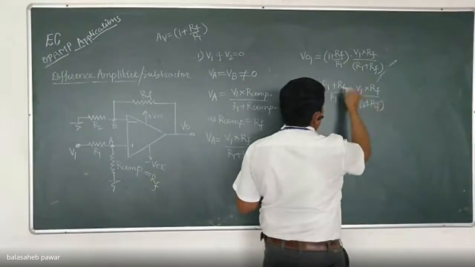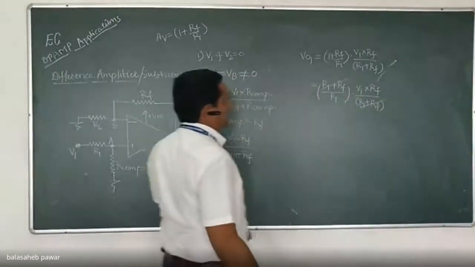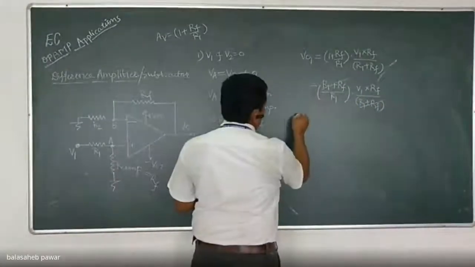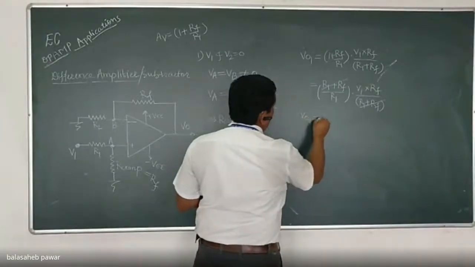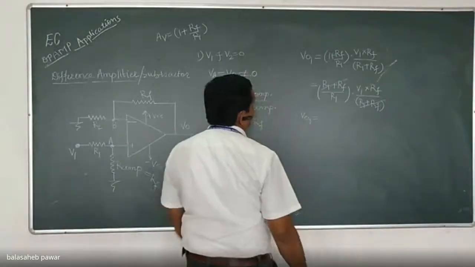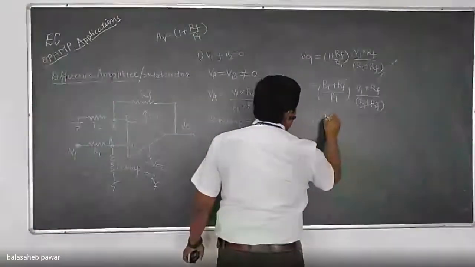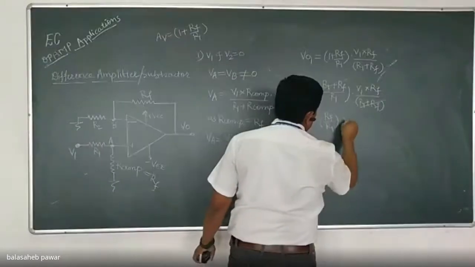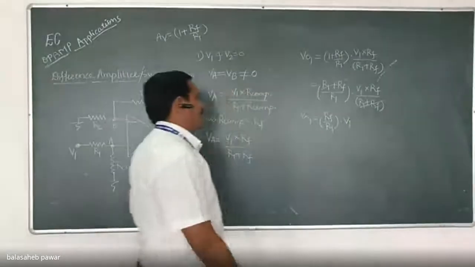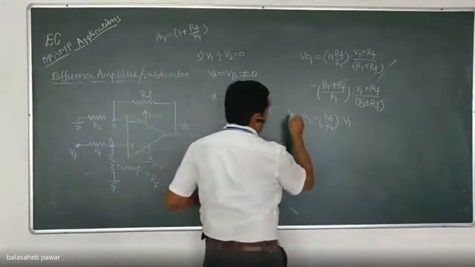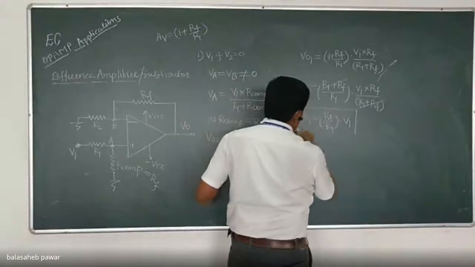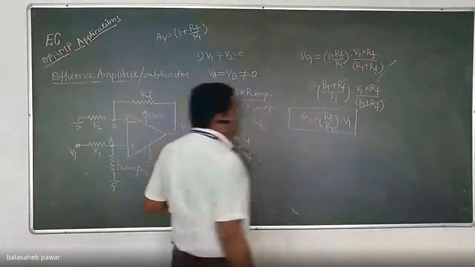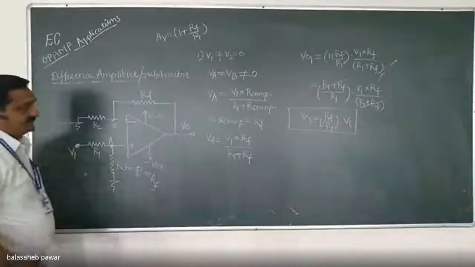So this R1 plus RF will get cancelled. You will observe that VO1 is equal to RF by R1 times V1.